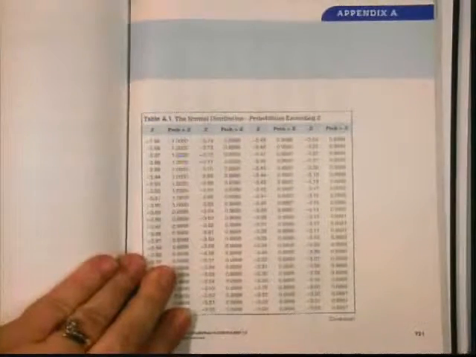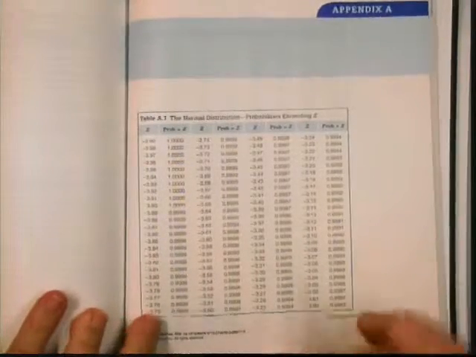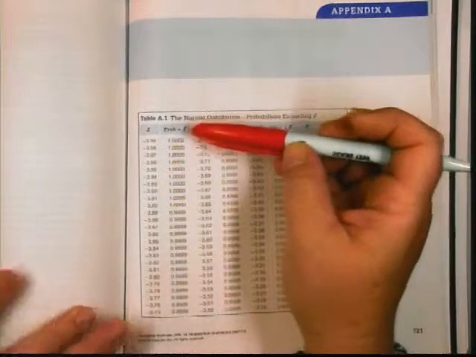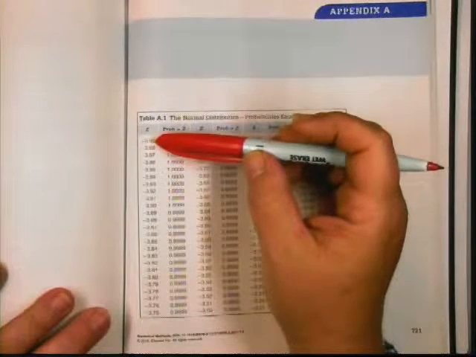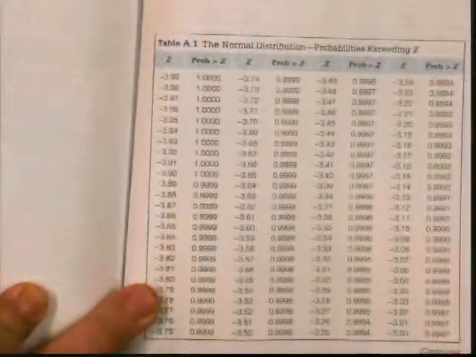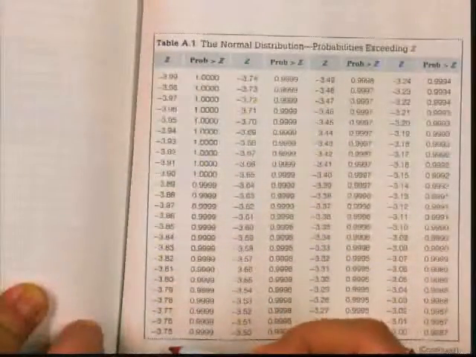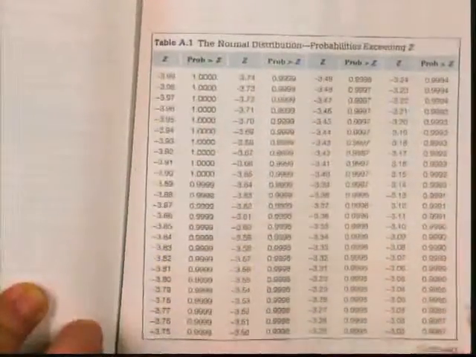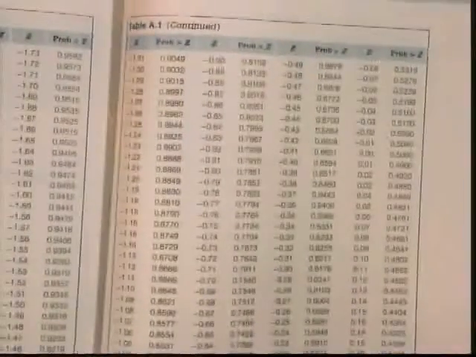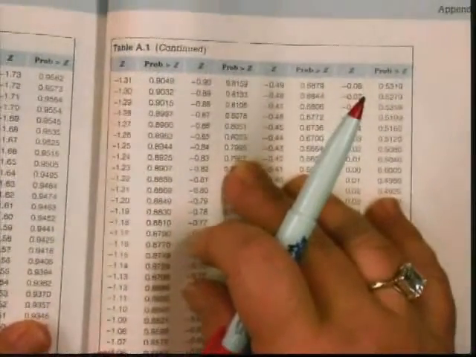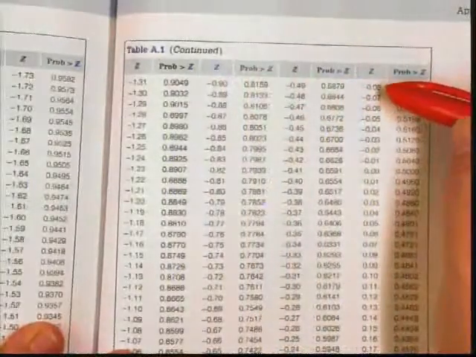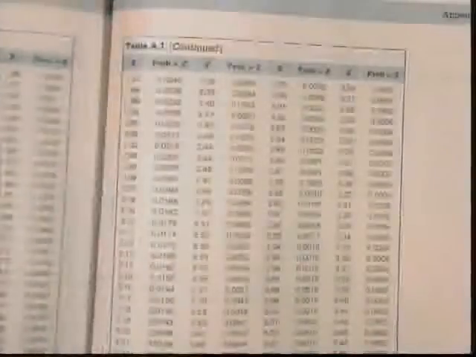And on screen is the third edition of the book. It gives us these values for z and the probability of being greater than the stated value of z. These values of z begin at negative 3.99, too small to be seen. And then going down this direction they increase, goes to the top of the next column and so forth. And then as you keep going across, now I'm on page 723 for this side here. Notice we're moving up in the values here, and then we go over to page 724.